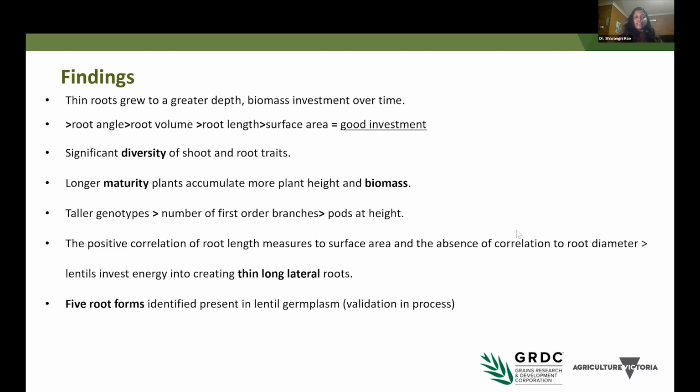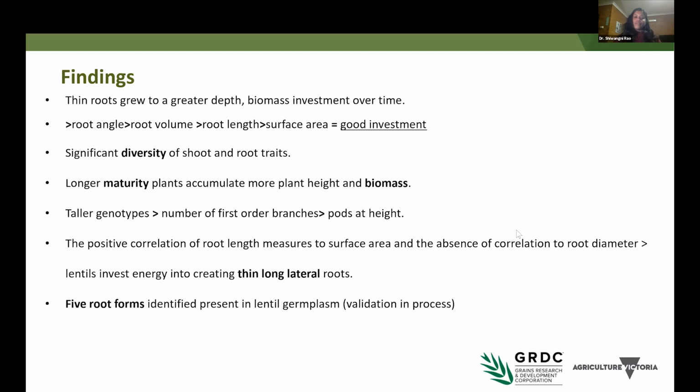Also, root angle had an impact on root volume and root length and surface area, which basically indicated a good investment in root growth. There was significant diversity of shoot and root traits across the 36 genotypes. So basically touched on most of those.